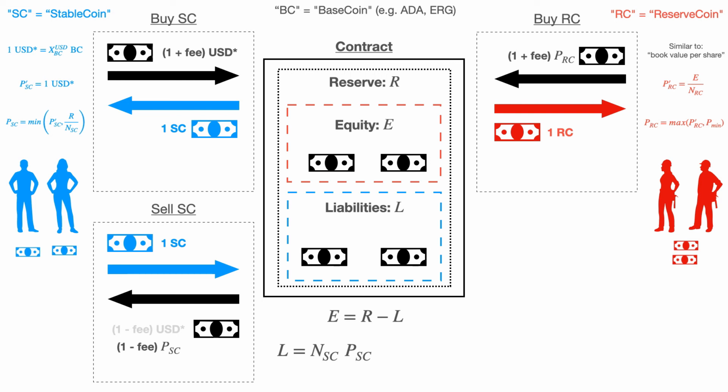So the price of the reserve coin is the maximum of the book value per share and a minimum price that is a parameter of the Stablecoin Protocol. Okay, so this process of the contract selling reserve coins to potential reserve coin holders is similar to what in the traditional financial world is known as equity financing.